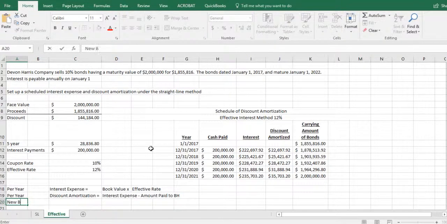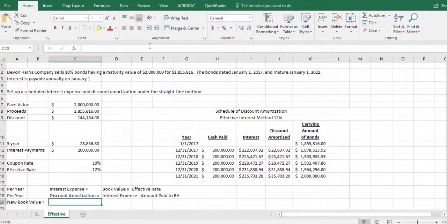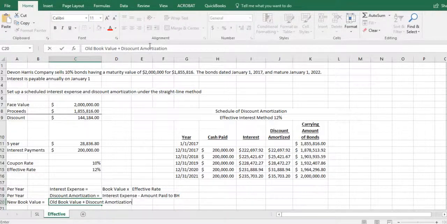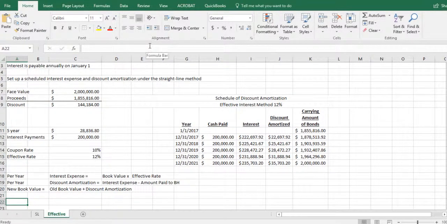So your new book value is going to equal the old book value plus discount amortization. And then you just follow this again.